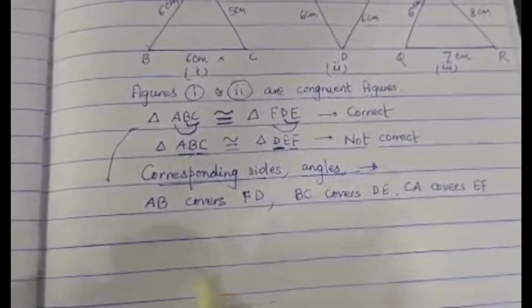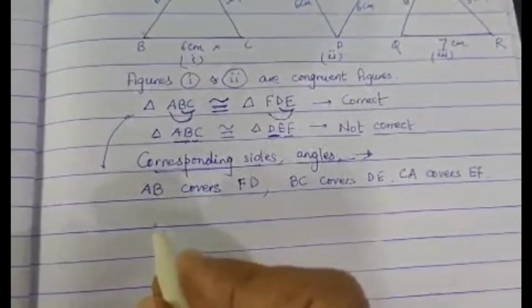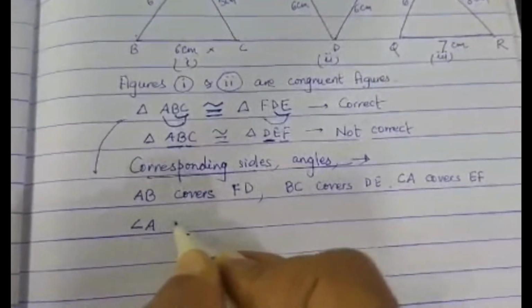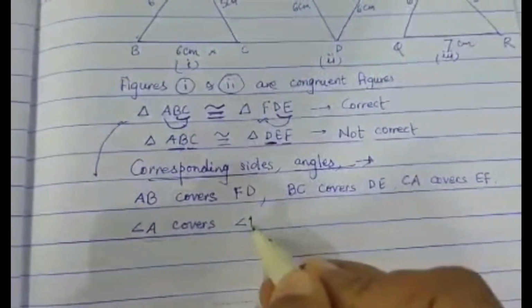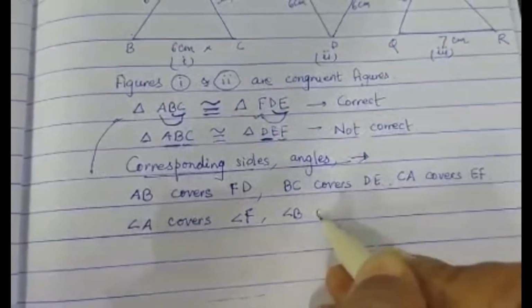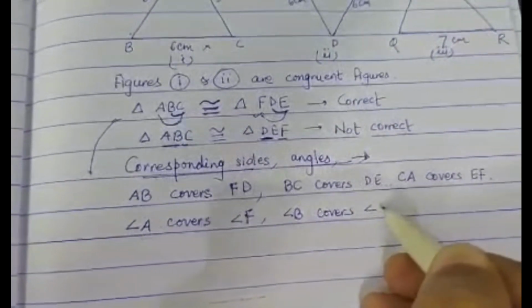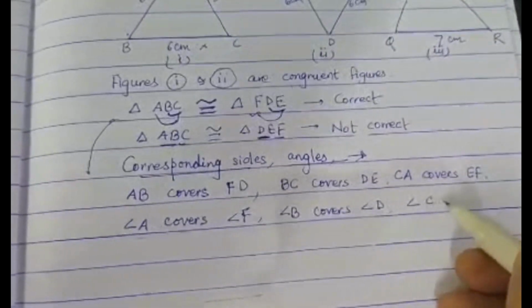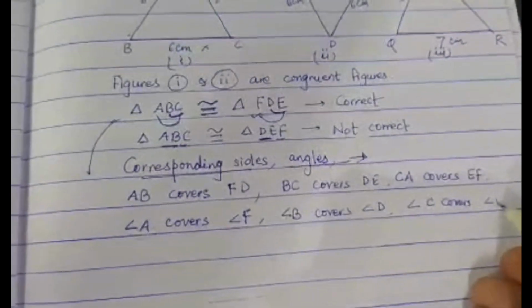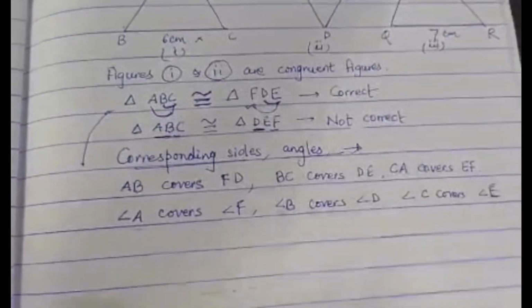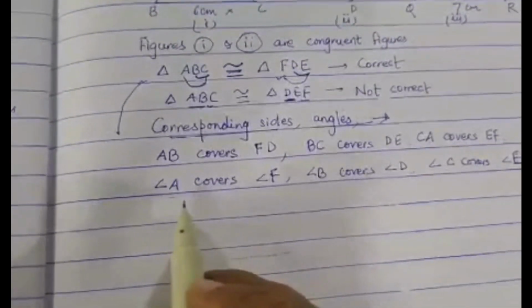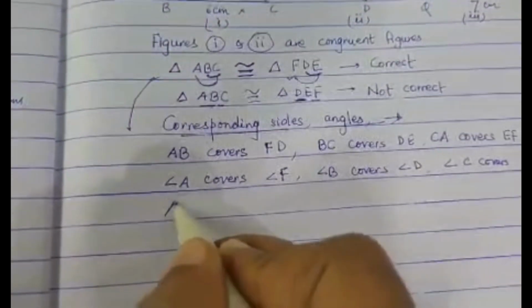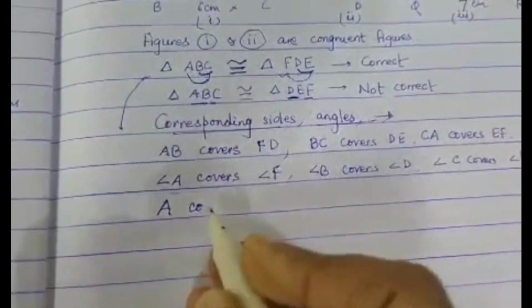So this is the meaning of congruent. Also the angles. Angle A covers angle F. Angle B covers angle D, and angle C covers angle E. And also you can say this for vertices.